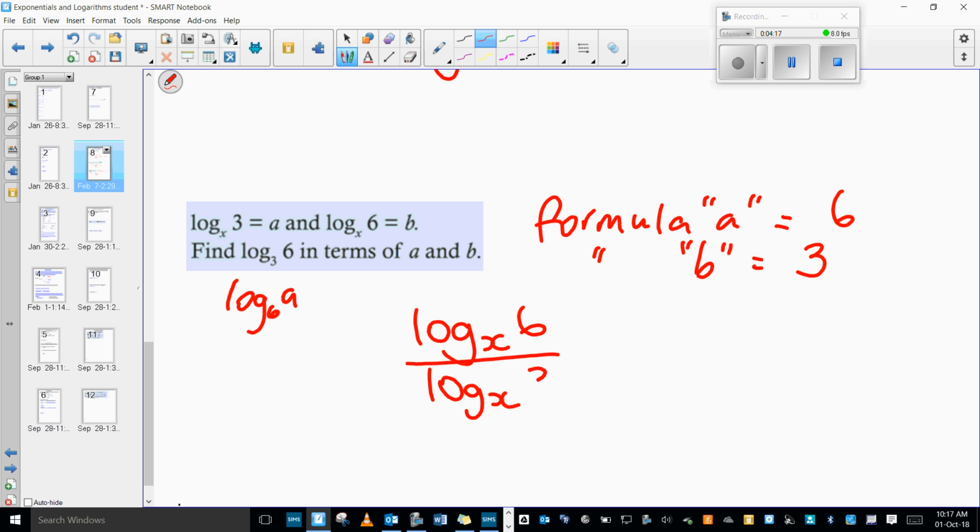Okay, so we've now changed our base, so it's in the correct base, but they want it in terms of A and B, and obviously now they're referring to this A and this B. So we've now got, which one's on the top? And A is on the bottom. Lots of A's and B's, all confusing. But this is the kind of situation you might have in the exam. So is everyone happy with that?